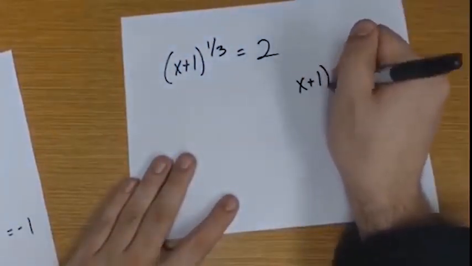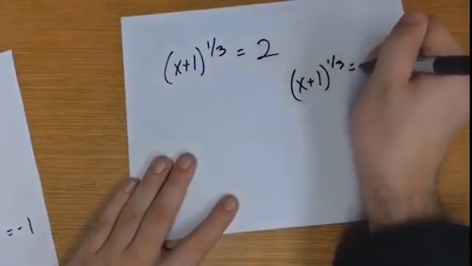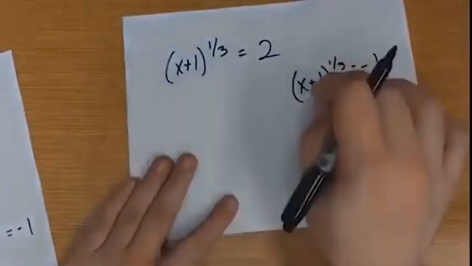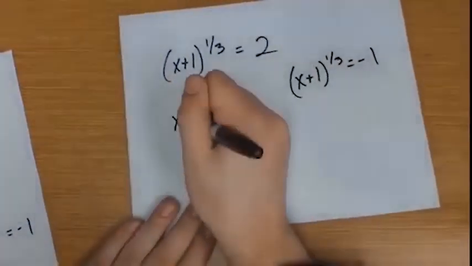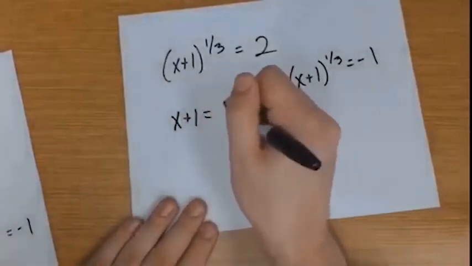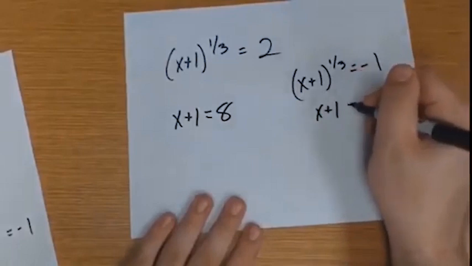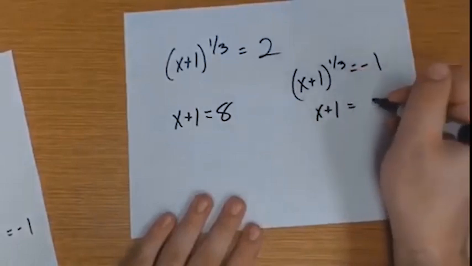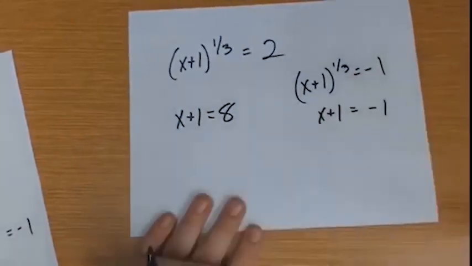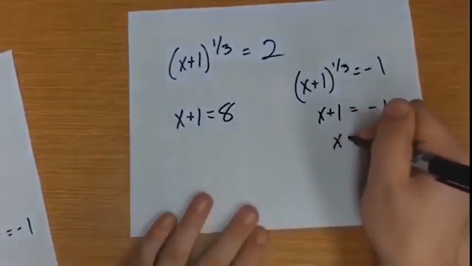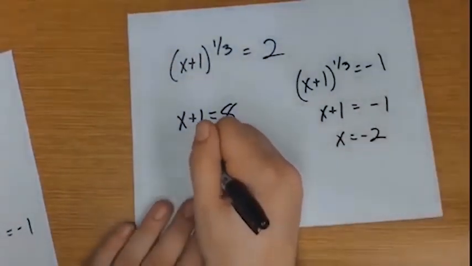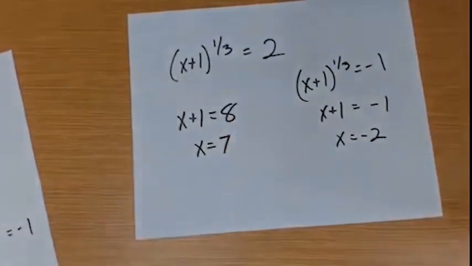And x plus 1 to the 1/3 equals negative 1. Cube both sides. X plus 1 equals 2 cubed. X plus 1 equals 8. X plus 1 equals negative 1 cubed. X plus 1 equals negative 1. So x equals negative 2. X equals 7.